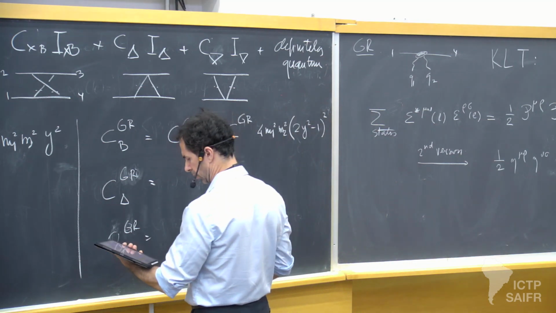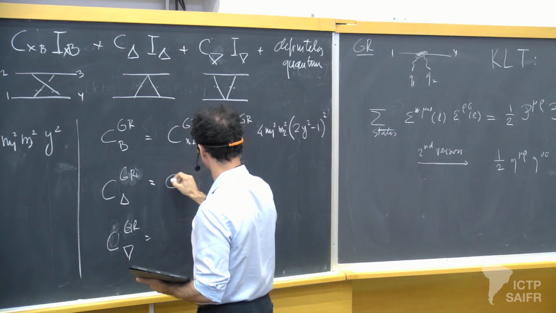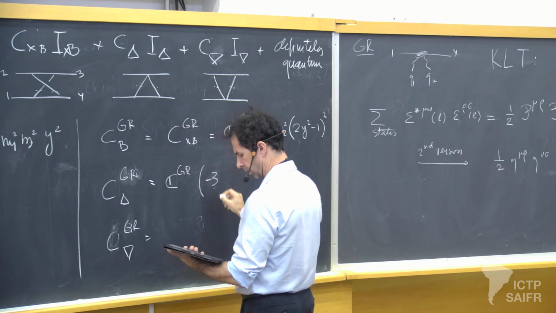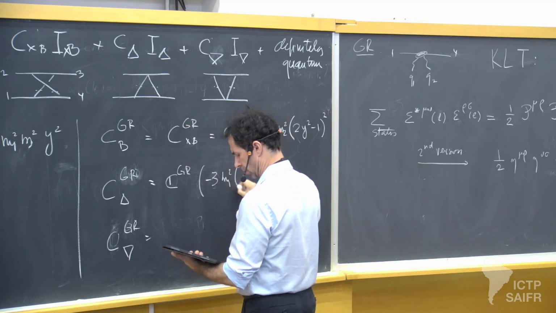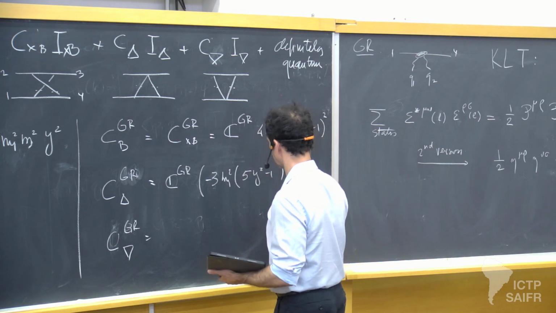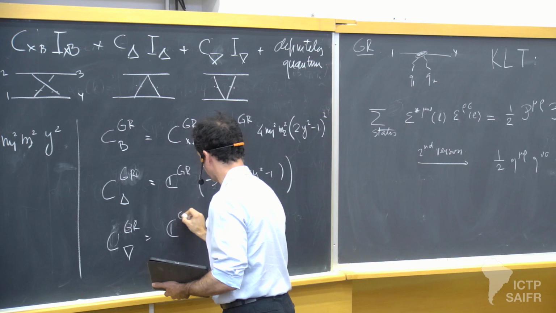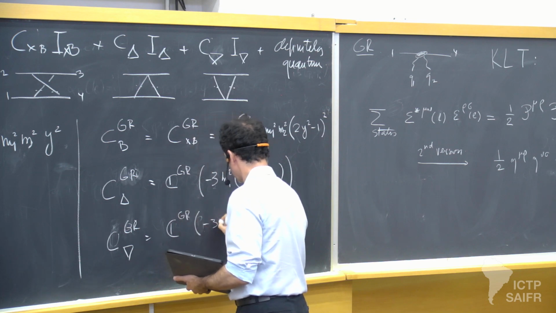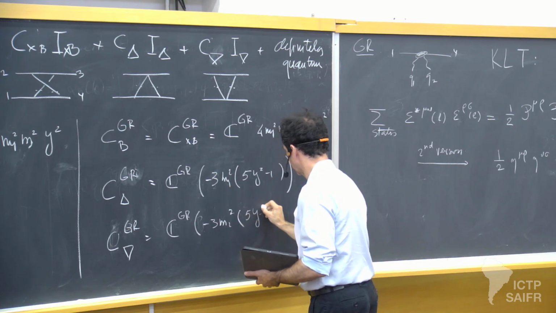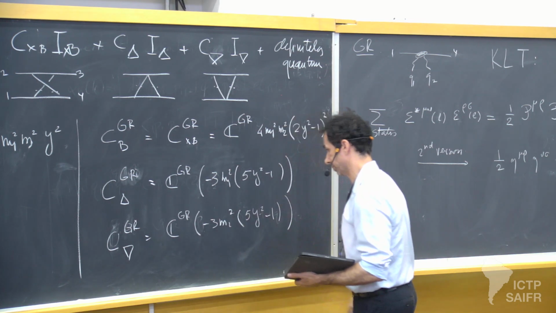And this is the same C_GR times minus 3 m1 squared, 5y squared minus 1, and same C_GR minus 3 m2 squared, 5y squared minus 1.